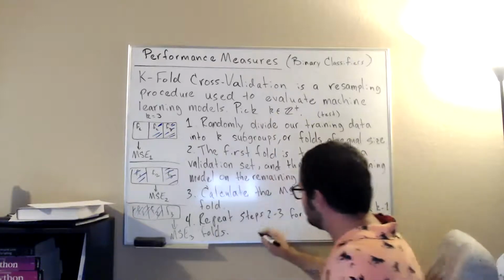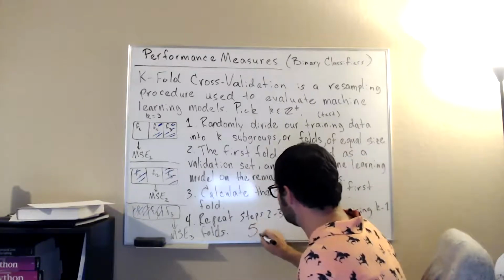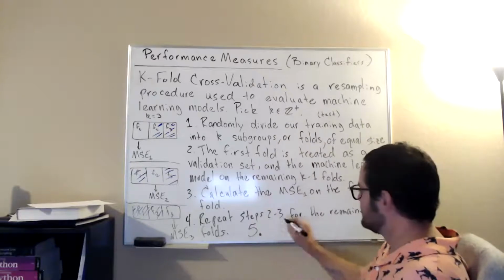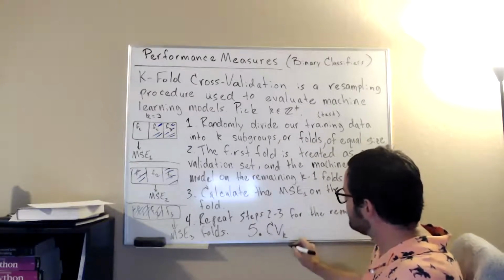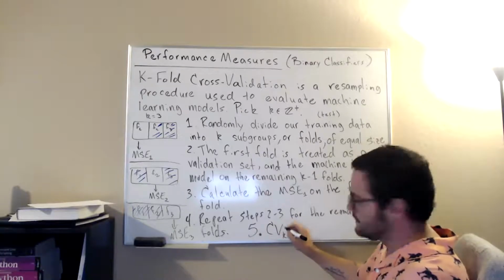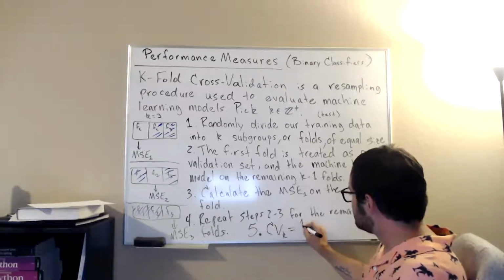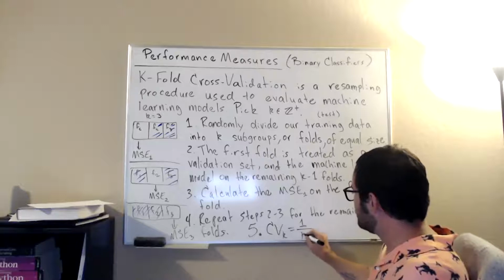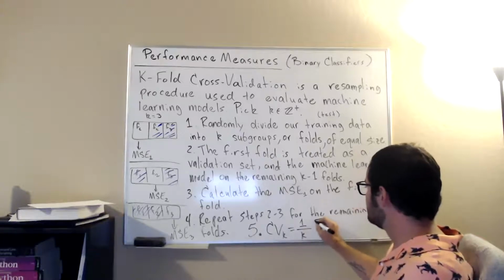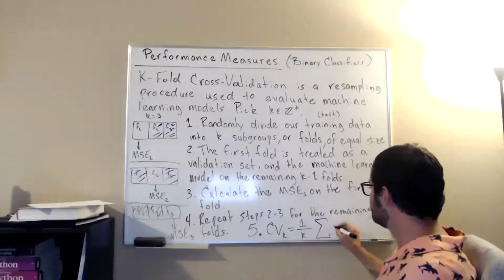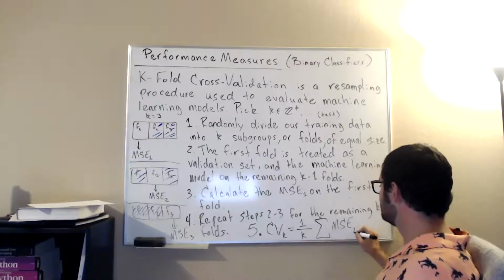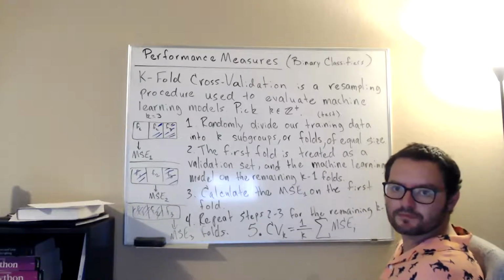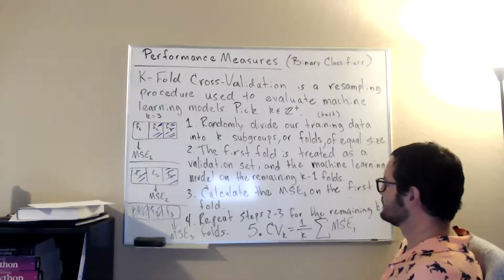And then after you've done this, part 5 would be to say the cross validation score with k of our data set is equal to 1 divided by k times the sum from 1 up to k of the mean squared errors. Okay.